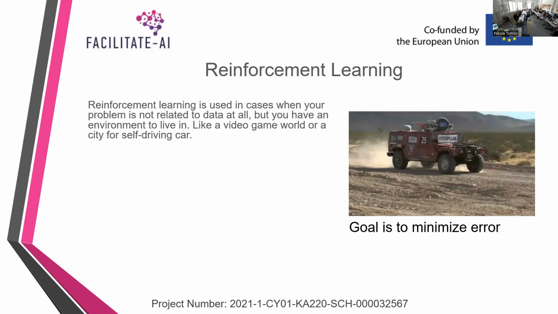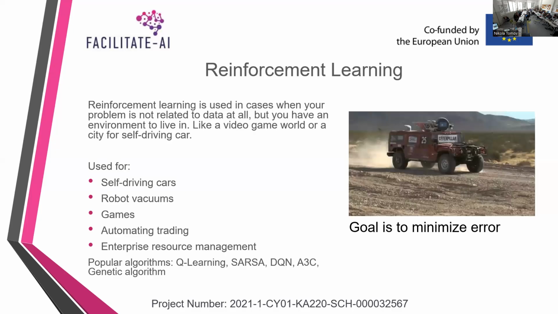There are some approaches that use reinforcement learning to solve this kind of problem. The goal is not, again, to give all the rules, but to minimize the error, to minimize the possible wrong answers. It's used, of course, for self-driving cars, as we said, for robot vacuums, for games, for automatic trading, enterprise management, and so on.